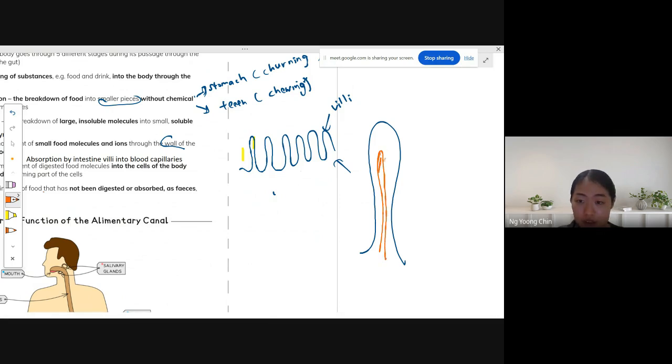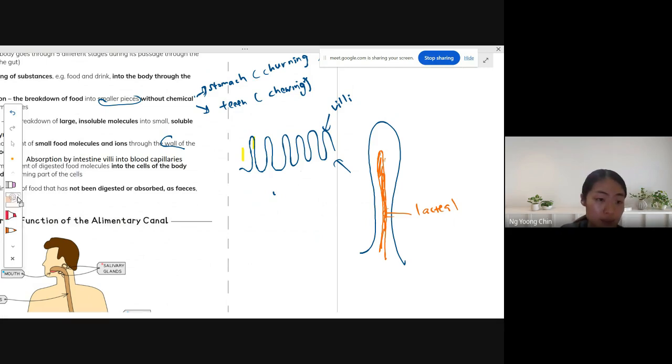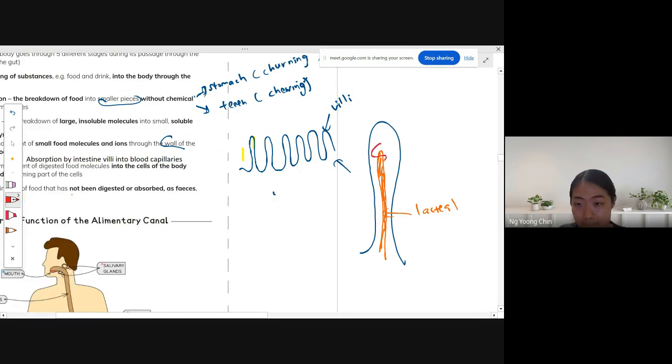Now, this structure we call the lacteal. And then there is the blood capillary surrounding it like this.